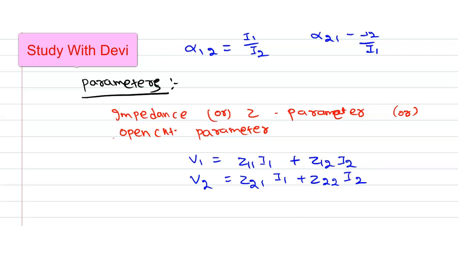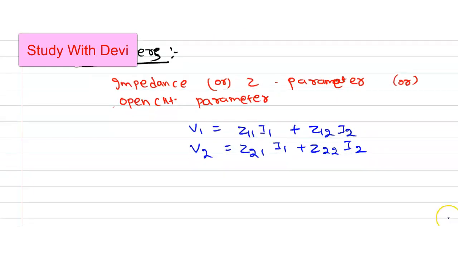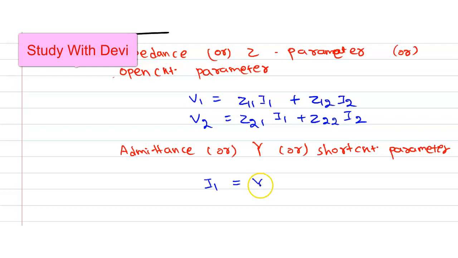Similarly, we will see admittance parameter or Y parameter or short circuit parameter. I1 equal to Y11 V1 plus Y12 V2, I2 equal to Y21 V1 plus Y22 V2.